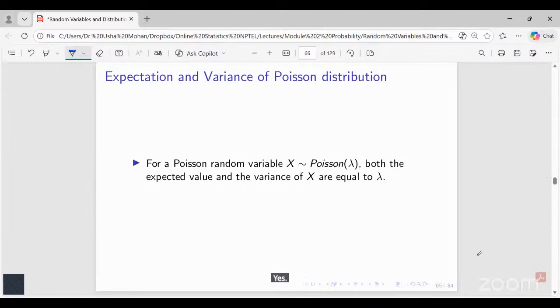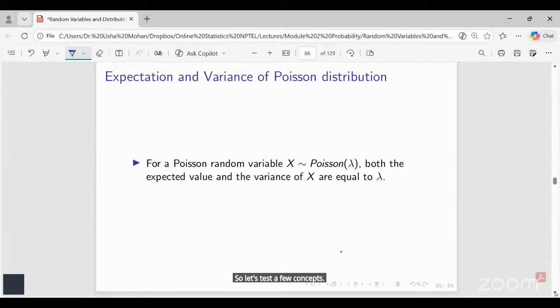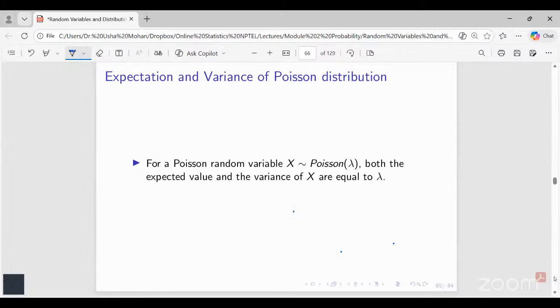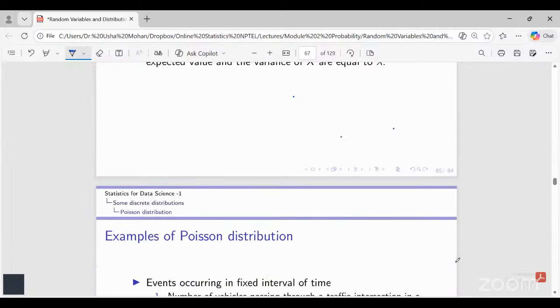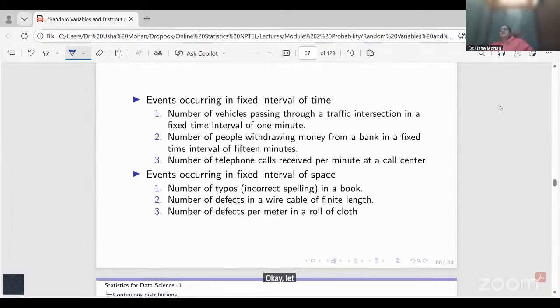So let's test a few concepts. Let me give you an example. Please note it down. I have a superstore, an e-commerce company.